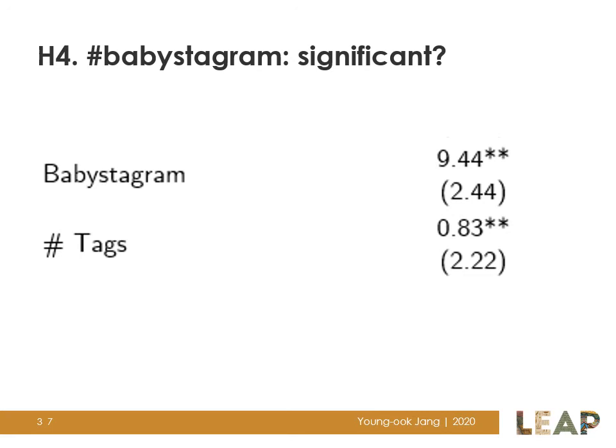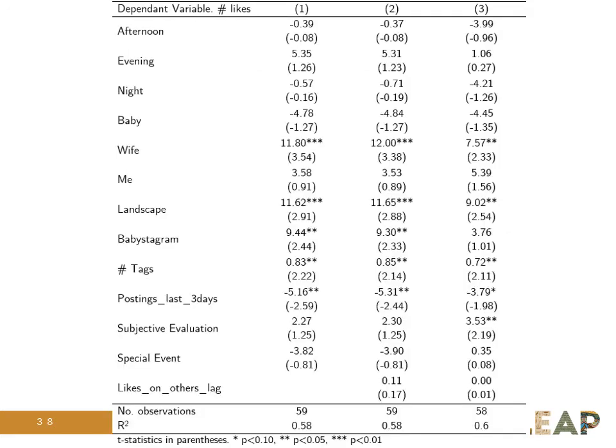So both are positive and significant. So you can say that having a specific type of hashtags and having more hashtags may be important in getting more likes. So far I just tested 4 different hypotheses, and I proved some of them and I didn't prove some of them.